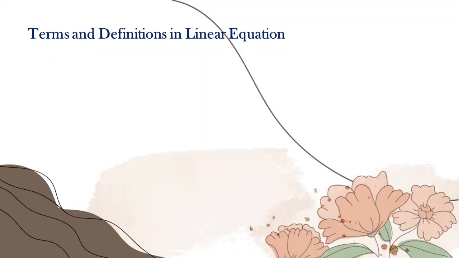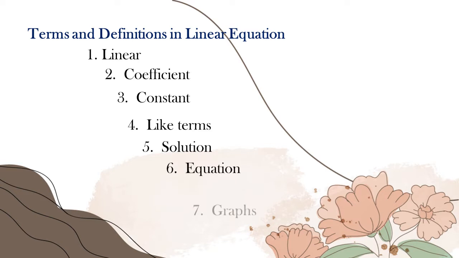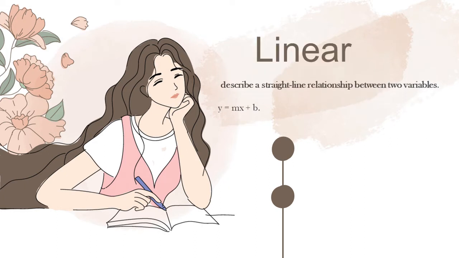So here are the following terms in linear equations. We have linear, coefficient, constant, like terms, solution, equation, graphs, variable. First, let us define linear.